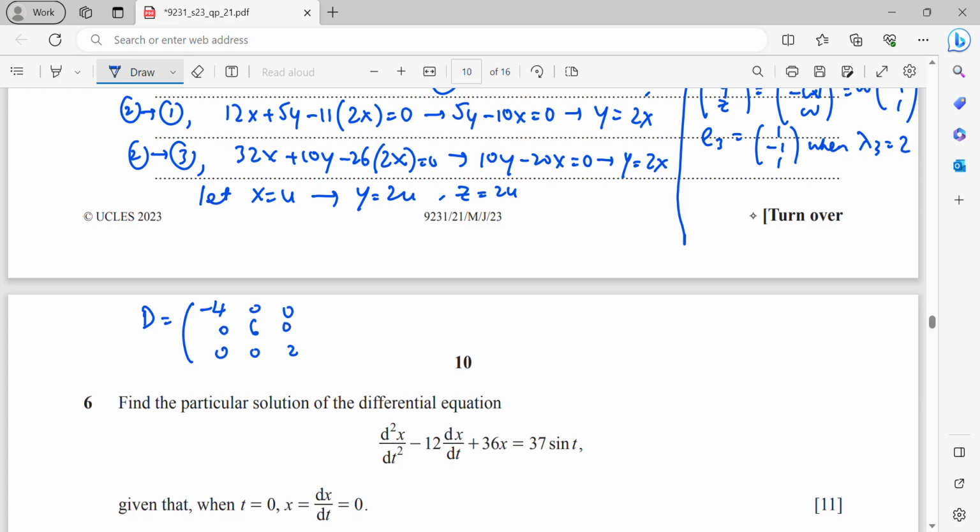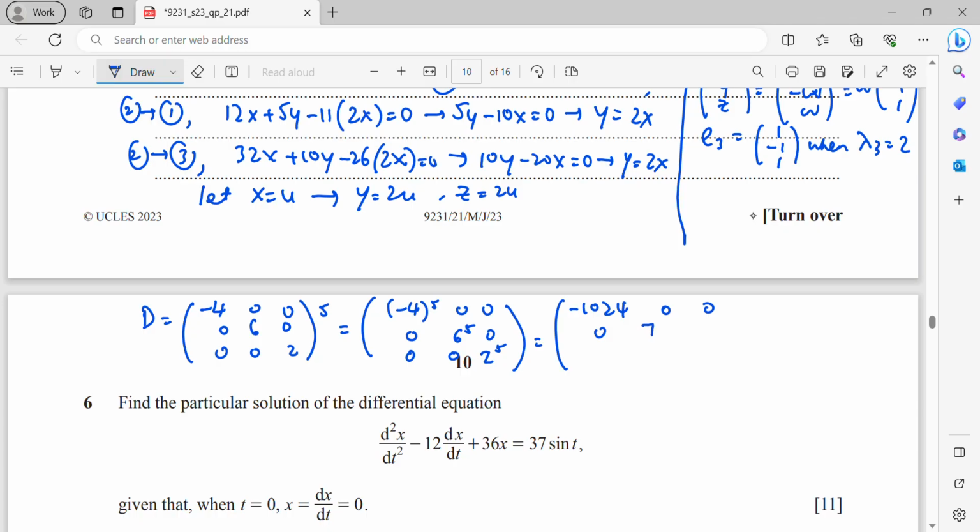Because of the A degree 5, I have to consider degree 5. Then here, just bring in the degree 5 to the diagonal values. You will get this. Then I will get negative 1024, 0, 0, 0, 7776, 0, then 0, 0, 32.